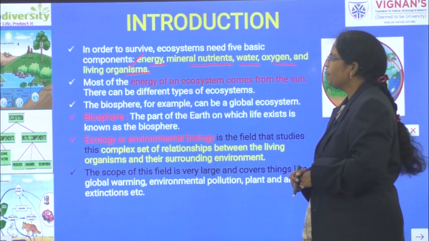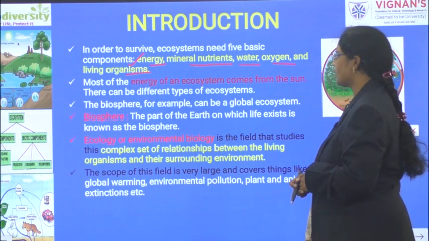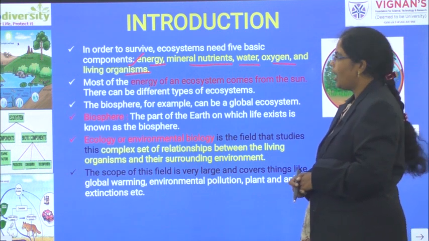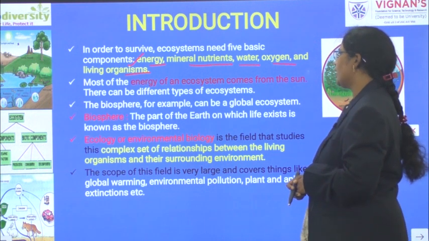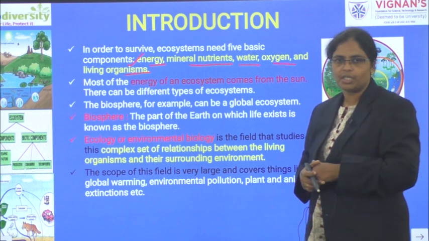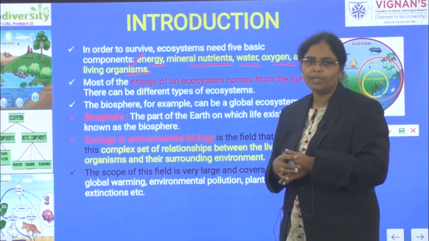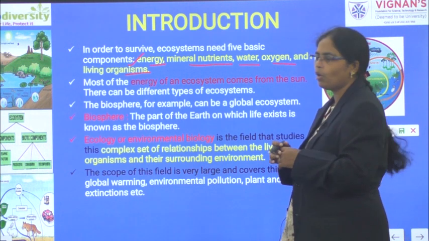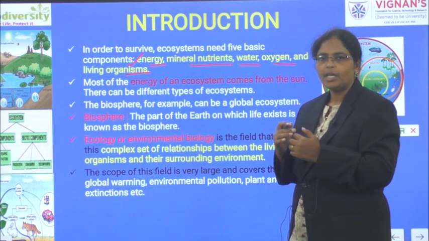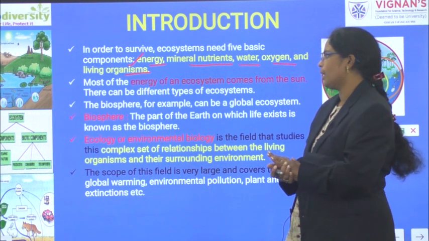So here, whatever the living organisms, these living organisms gets the energy, and that energy as well as nutrients and water and oxygen. So all together are utilized by the living organism, and these living organisms supplies the food among themselves and they are maintaining the ecological balance.